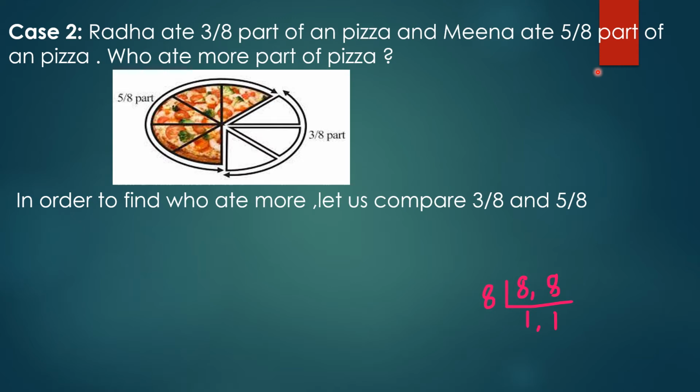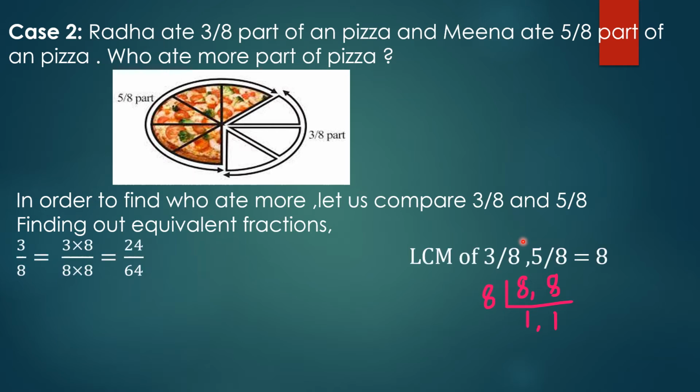It is easy to write, but since it is mathematics, it has to be solved with certain steps, so that everybody will get full marks. Find out the LCM of 3 by 8 and 5 by 8. What is the LCM of these two?